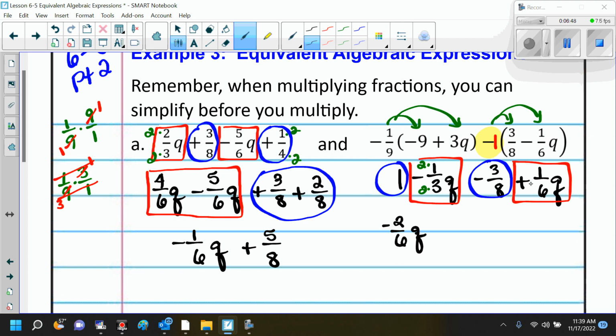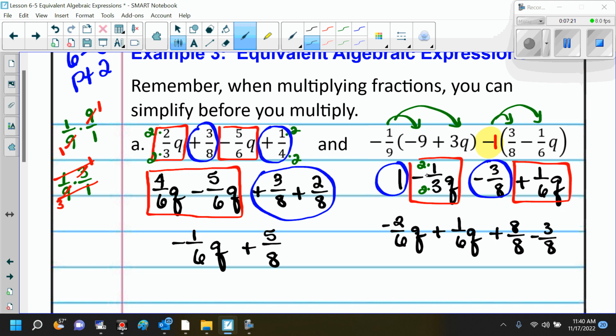And then over here, this is going to be plus 1/6 q. Now, 1 and 3/8. What's the denominator of 1? Yeah, you're just going to put it over 1, right? So that's going to be 8/8. Is everybody clear with that? So we'll rewrite those. So we've got positive 8/8 minus 3/8.